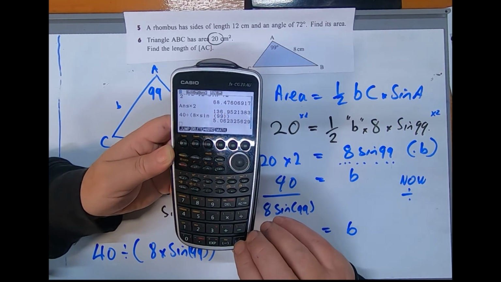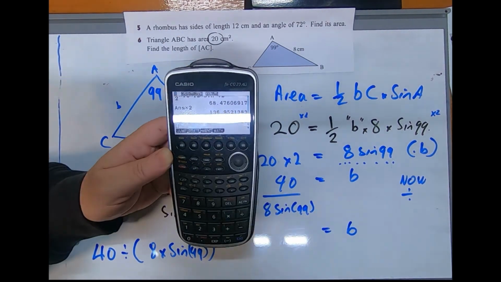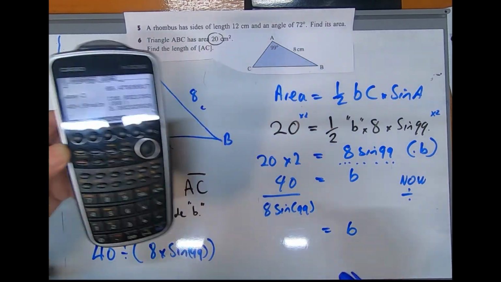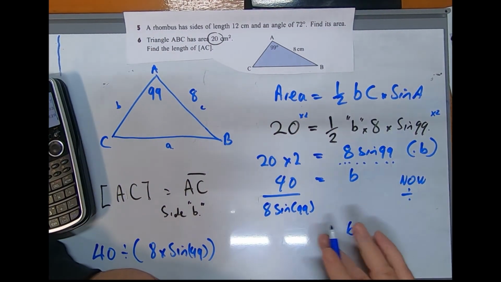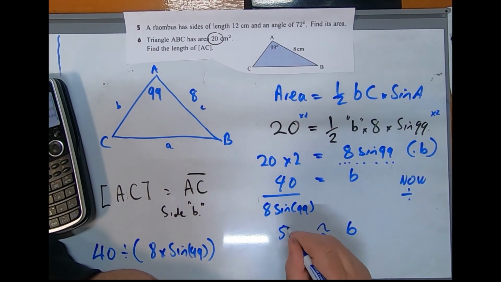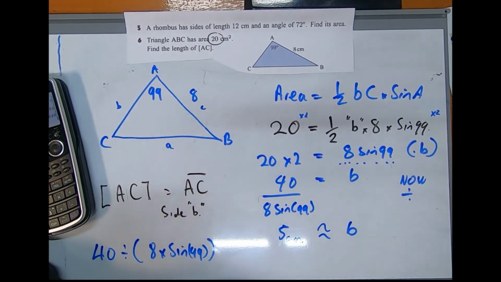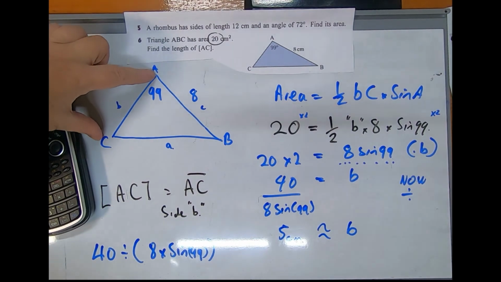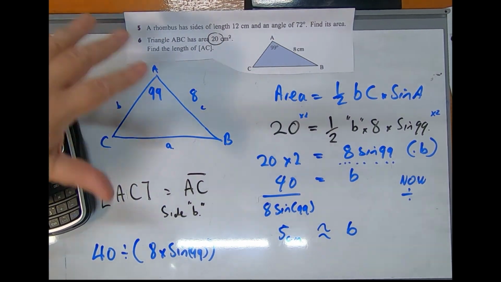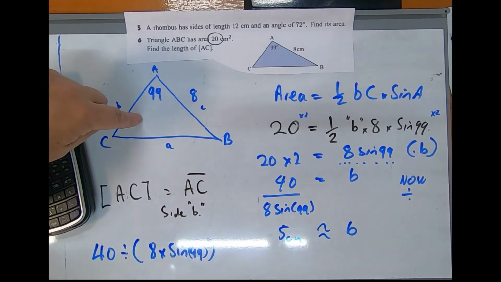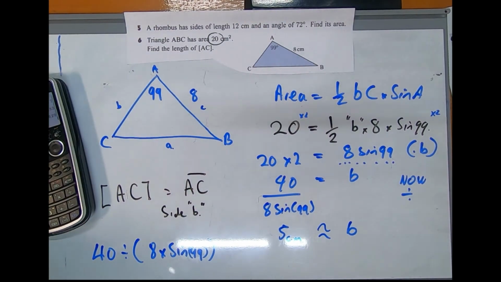Okay, enter. 5.06, so I'm going to say approximately 5. And so the length that makes this all correct, with that angle 99 and the total area 20, is 5.